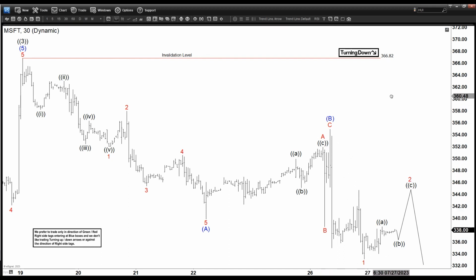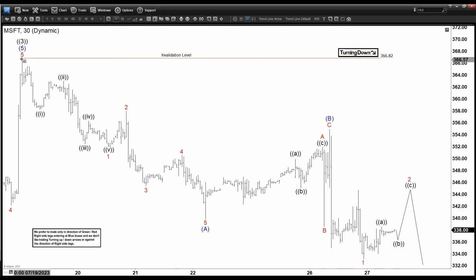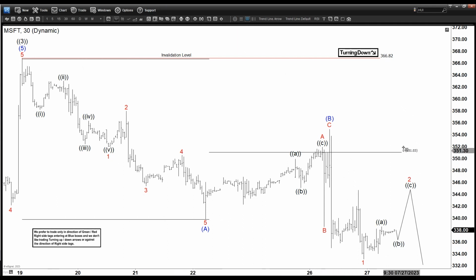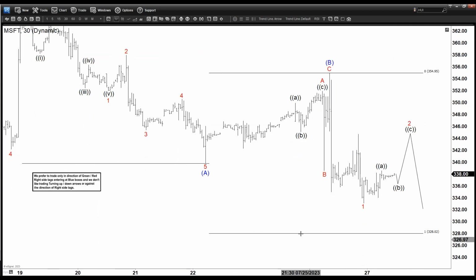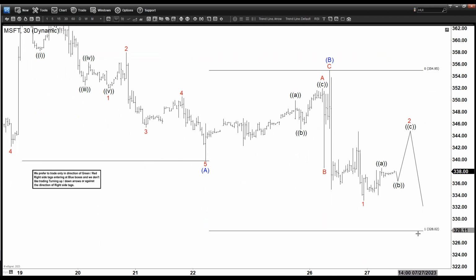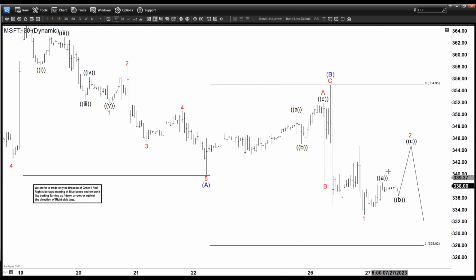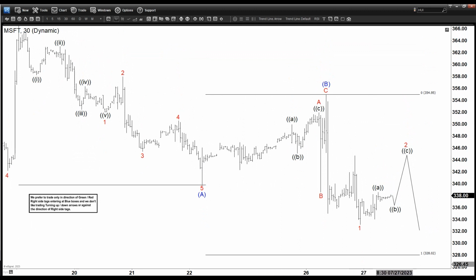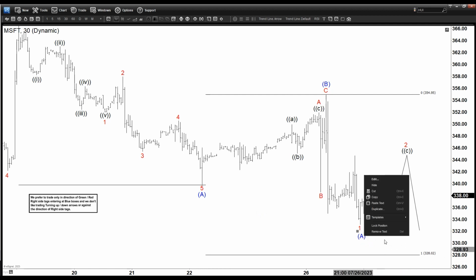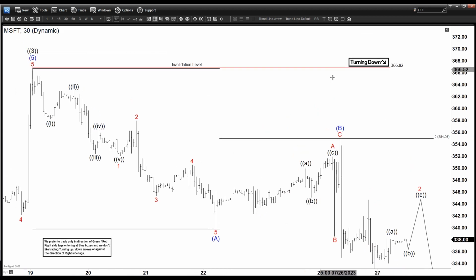lower, because if you measure the extension lower, typically in an ABC the C is at 100%. So you can see we have not reached the ideal 100%. Therefore we still can possibly extend lower. Now sometimes it truncates. Truncation means we don't reach the 100% and finish the C already here without reaching the ideal 100%, right?